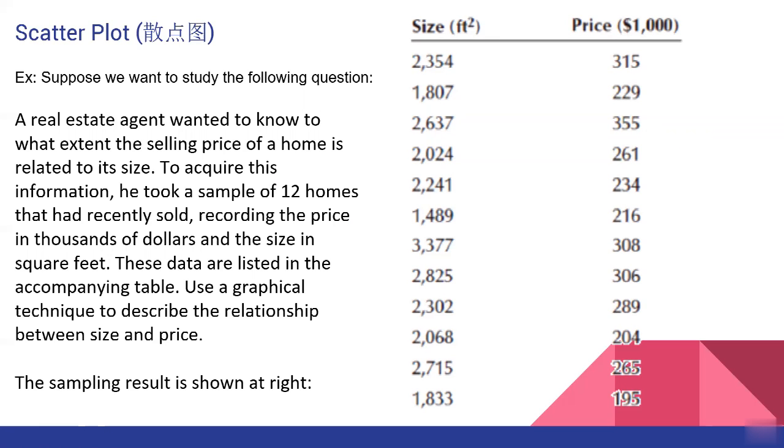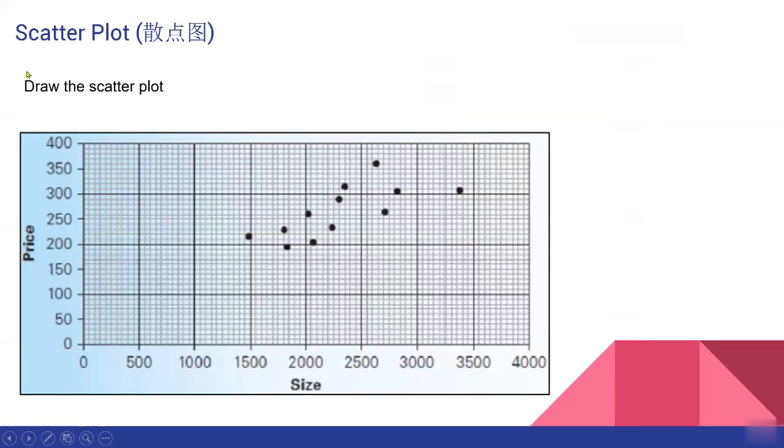Here we have 12 pairs of data, right? For a given size, there is a price. If we want to study the relationship between these two variables, we can use scatter plot as shown in this diagram. The x-axis is the size, the y-axis is the price.